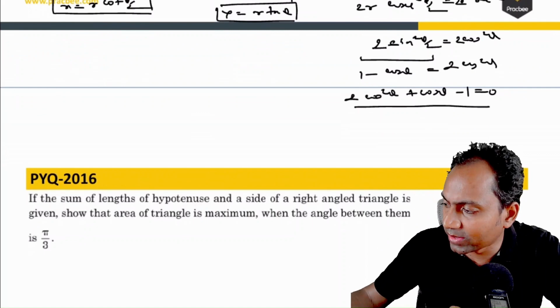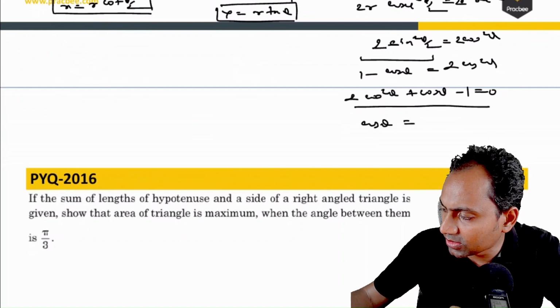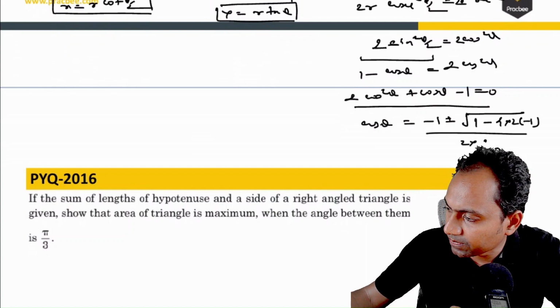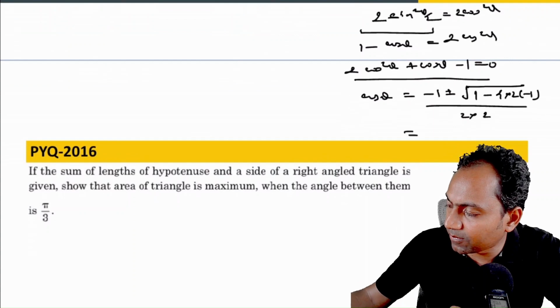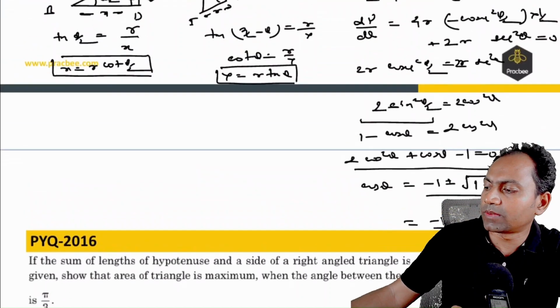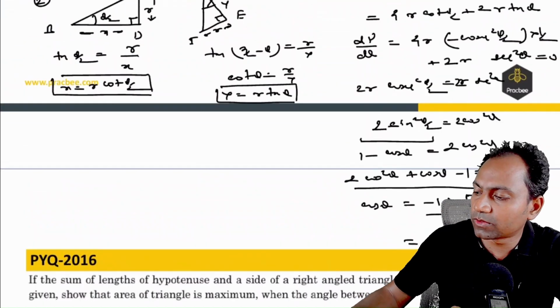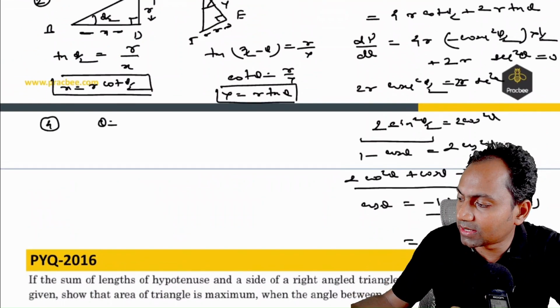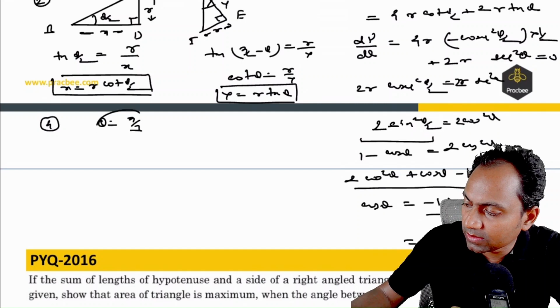If I solve this quadratic, the value of cos theta comes out to be minus 1 plus minus root of b square minus 4ac, divided by 2a. And if I take the positive sign, it becomes minus 1 plus 3 by 4. That comes out to 1 by 2. So this extreme value that we are getting is coming at theta equal to pi by 3.